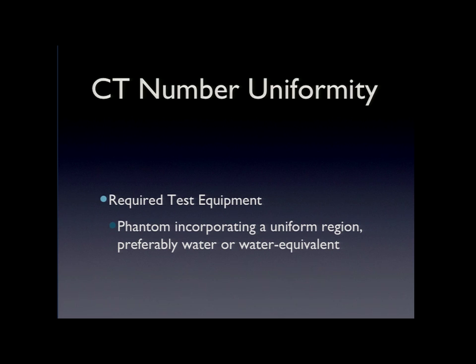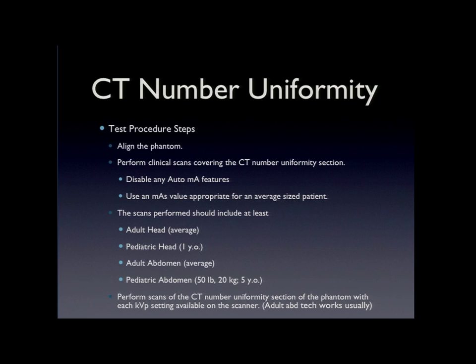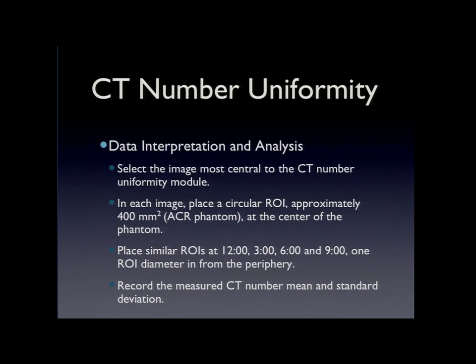You also need to look at CT uniformity. So if we look at the CT number of water in a uniform part of a solid water phantom, then we want to make sure that it doesn't vary over the face of the phantom. So align the phantom, again, just like you would do with everything else, and do it for all of the different protocols that you're evaluating.